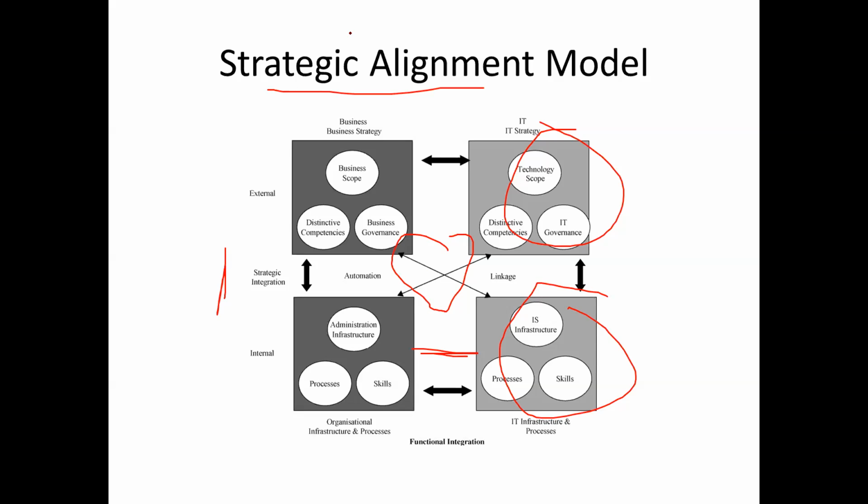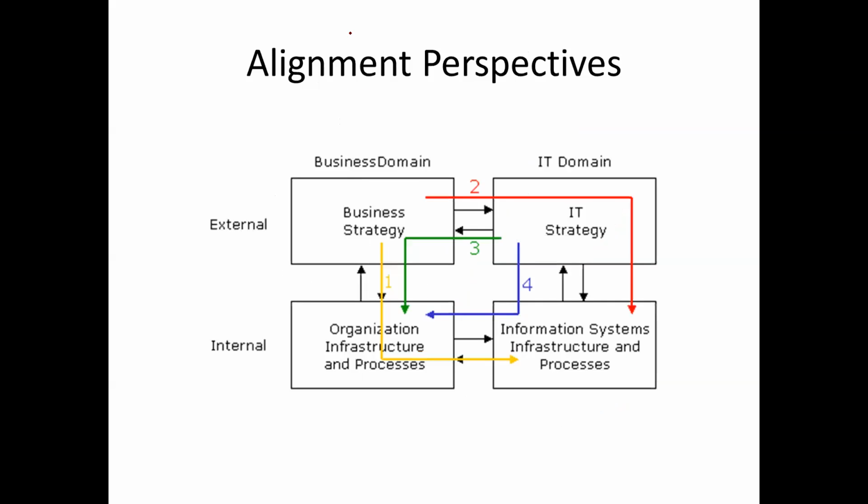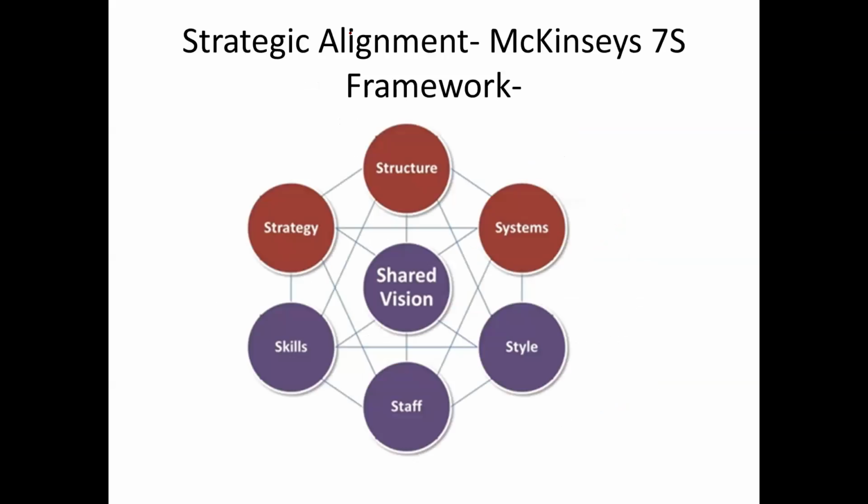So that's SAM, but you could use, and that's the same model, you could probably use the 7S model, which we discuss in more detail in chapter 4, which was from Peters and Waterman, from McKinsey. And this shows that everything's got to be aligned and how everything relates to each other, the 7 S's, structure, strategy.